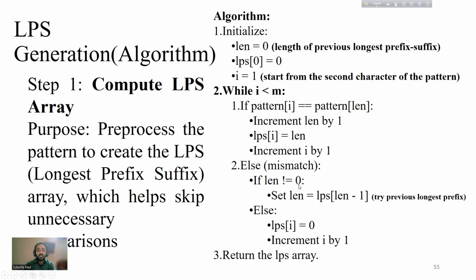So it is handling here dynamically. So len is equal to LPS[len minus 1]. In the example, we'll see how it happens. Otherwise, that means if the len value is 0, that time set the value of LPS[I] is equal to 0 and increment I by 1. When the condition I is less than m is false, that time we will just return the LPS array.